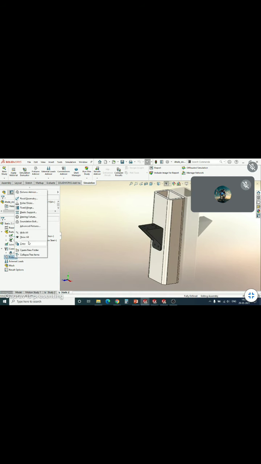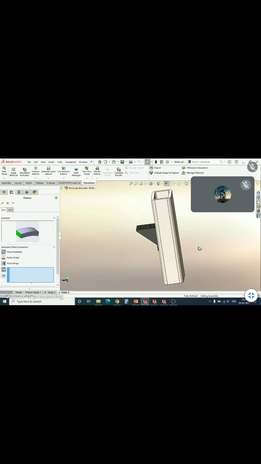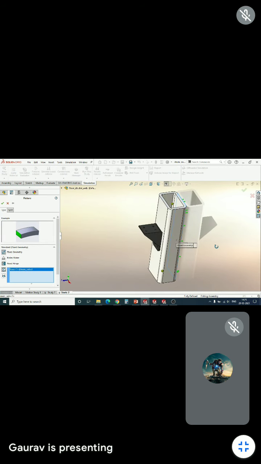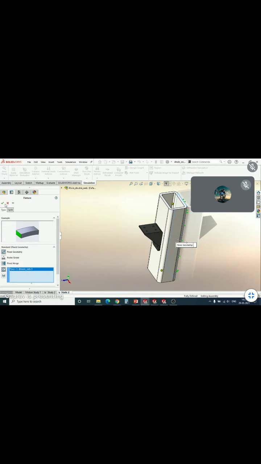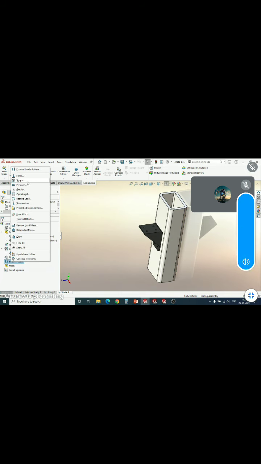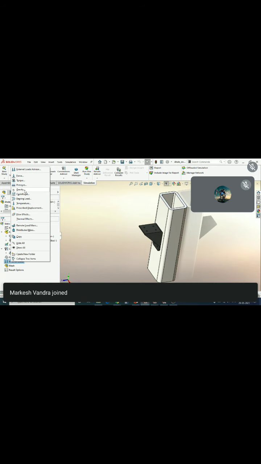So last but not the least, the few simple steps like where my fixture would be, correct? Where it would be mounted, for example, fixture is applied here, and the types of loads. If the force is coming, pressure, torque, or gravity, which is the load coming on each and every object on the earth.